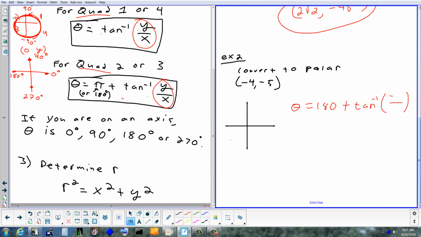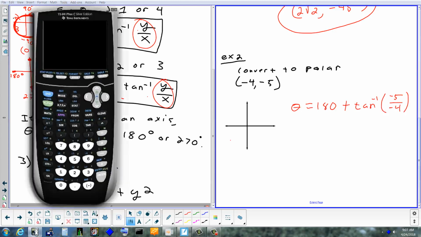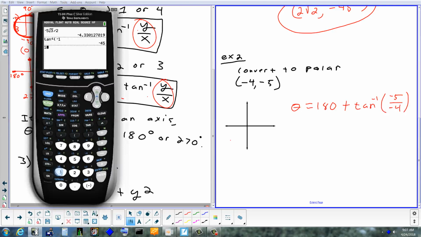Yep, it's -5 over -4. When I type that in, I'm just going to cancel the negatives. I'm just going to type in 180 plus inverse tangent of 5/4. So we don't get a very nice angle here, so we'll just round it. 231.34.